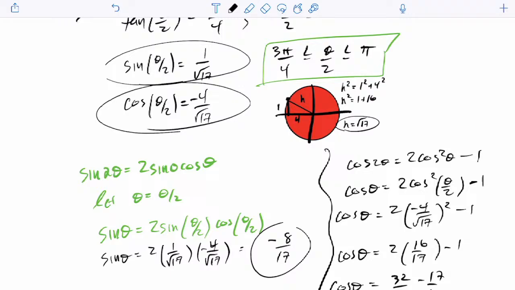This becomes 15 over 17 for your cos. So sine theta is negative 8 over 17 and cos theta is 15 over 17. And then obviously you can find the tan by dividing them.